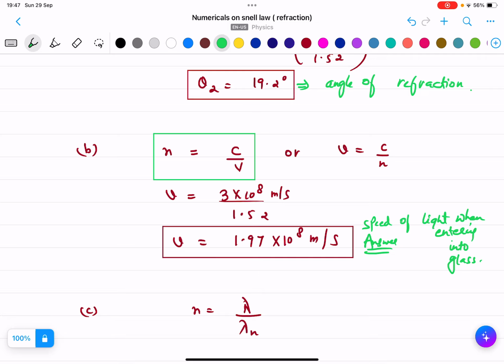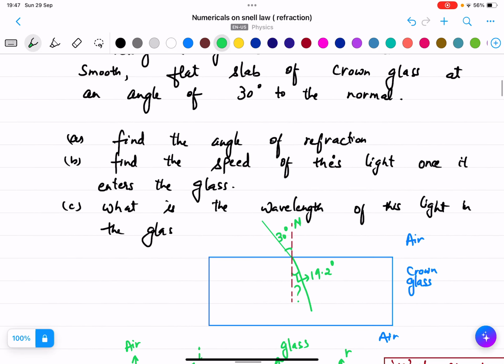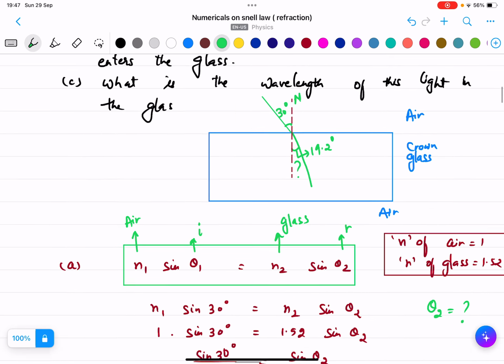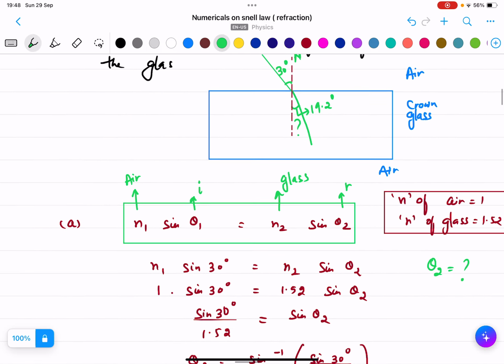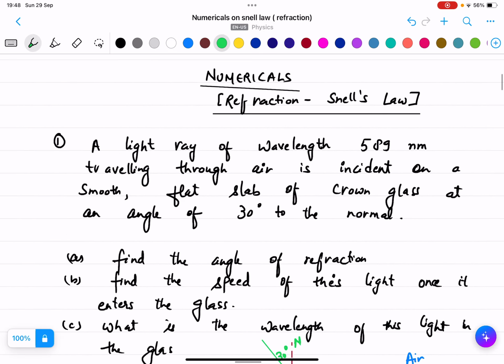Next is what is the wavelength of this light in the glass. For wavelength this formula needs to be used. This is the relationship between the refractive index and the wavelength: n equals lambda over lambda n. n is given, 1.52 refractive index. Lambda is 589 nanometers, as given: a light ray of wavelength 589 nanometer.